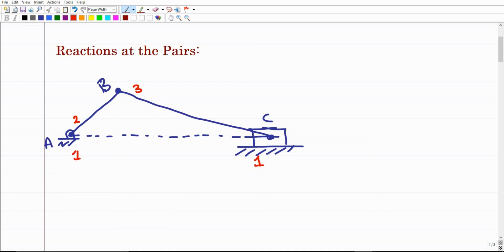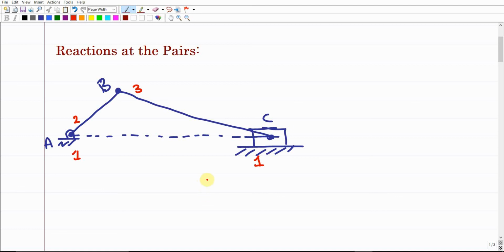The mechanism as a whole will be in static or dynamic equilibrium. But in many cases, the number of unknowns will be more than 3. As long as we're working in 2 dimensions, we are limited to just 3 equations: the sum of forces along x, the sum of forces along y, in addition to the moment equilibrium at any point that belongs to this mechanism.